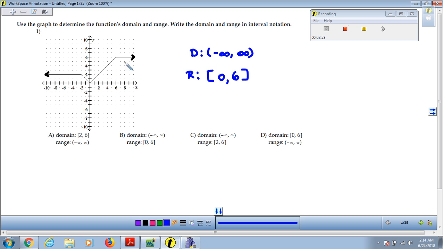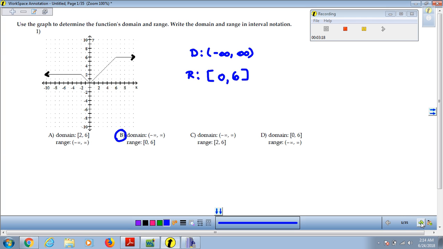Yes, because all this horizontal little piece here has the same y coordinate all the time, 6. Unless I see an open circle, I don't exclude it, but I don't see that. So then here it would be B. That would be our answer.